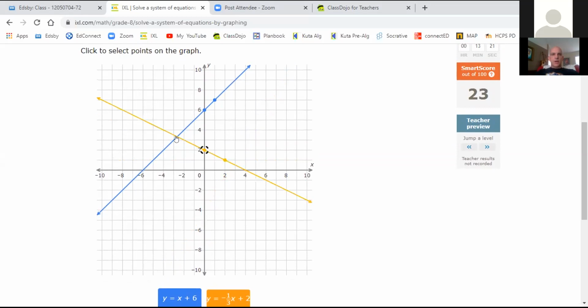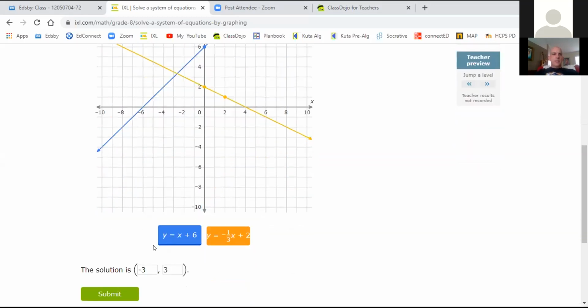See how it doesn't cross at a point we can recognize? That means you've made a mistake, right? On IXL, these are all going to be integer values like this, where you'll be able to recognize the point where they cross, okay? So if you don't see a point where they cross, if you can't recognize it, if it's a fractional value or they don't cross at all, then you have probably made some mistake in graphing one of the two equations, all right?